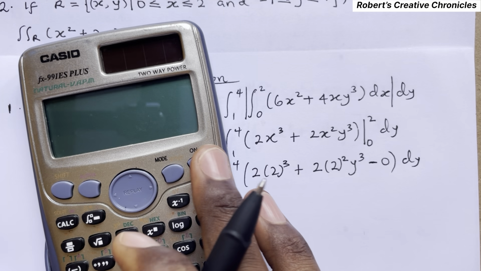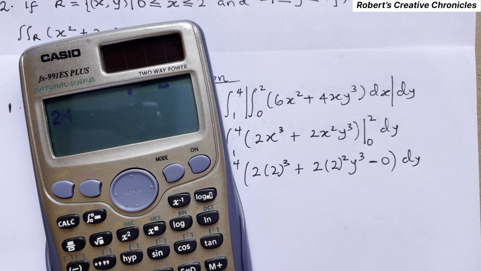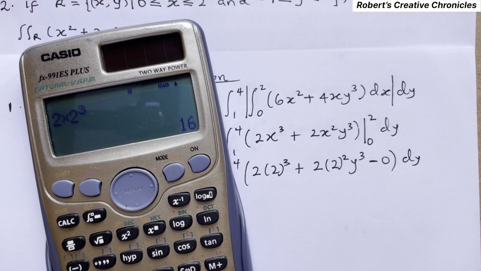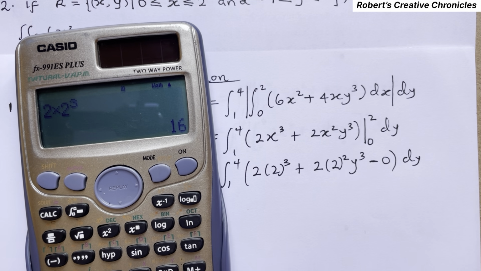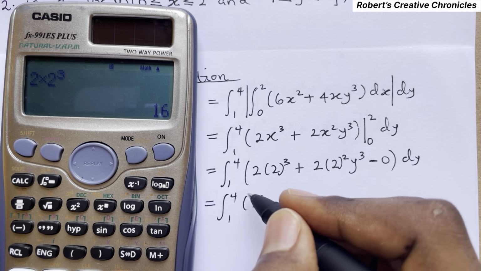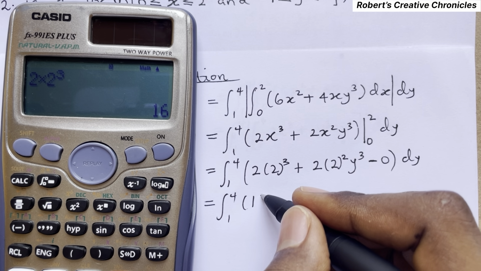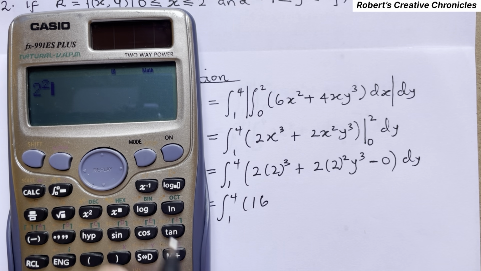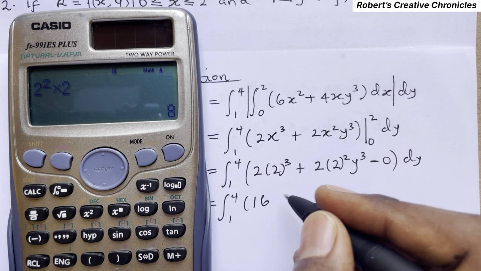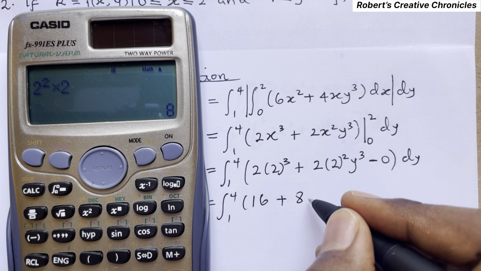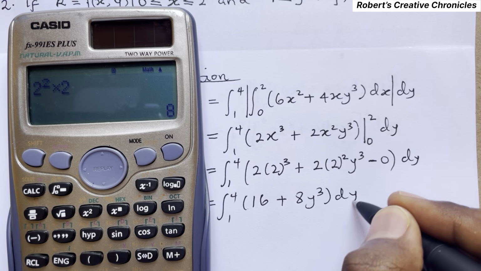So now 2 times 2 raised to the power of 3 is 16. Then 2 squared times 2 is 8. This is 8y cubed dy.